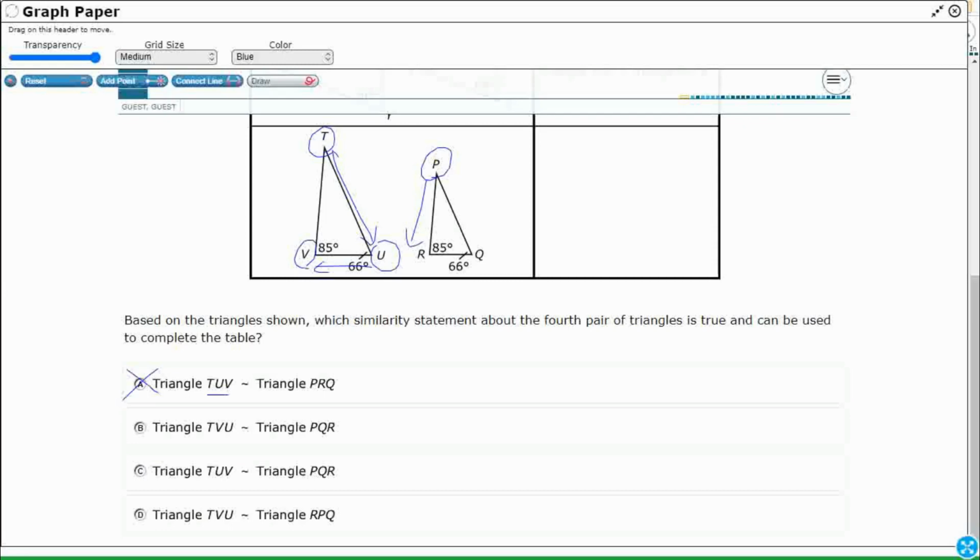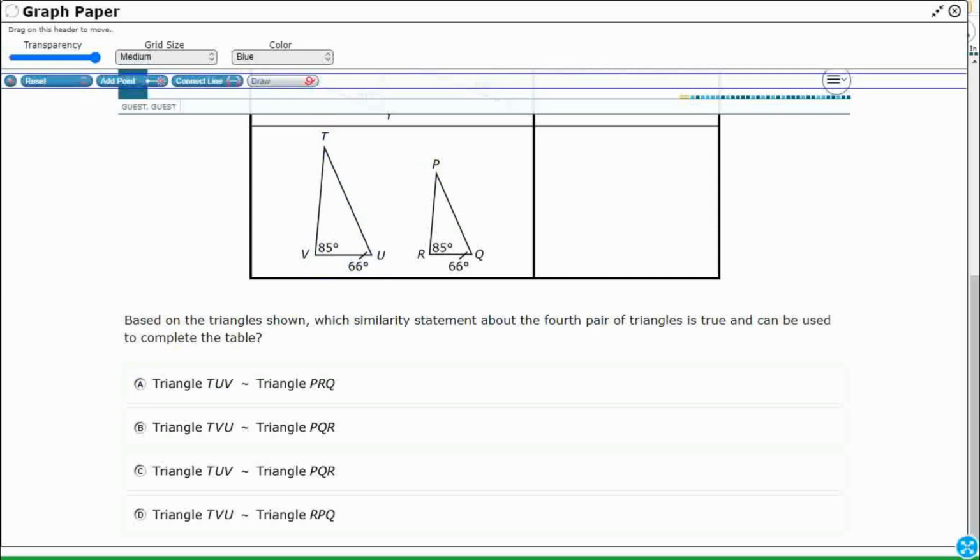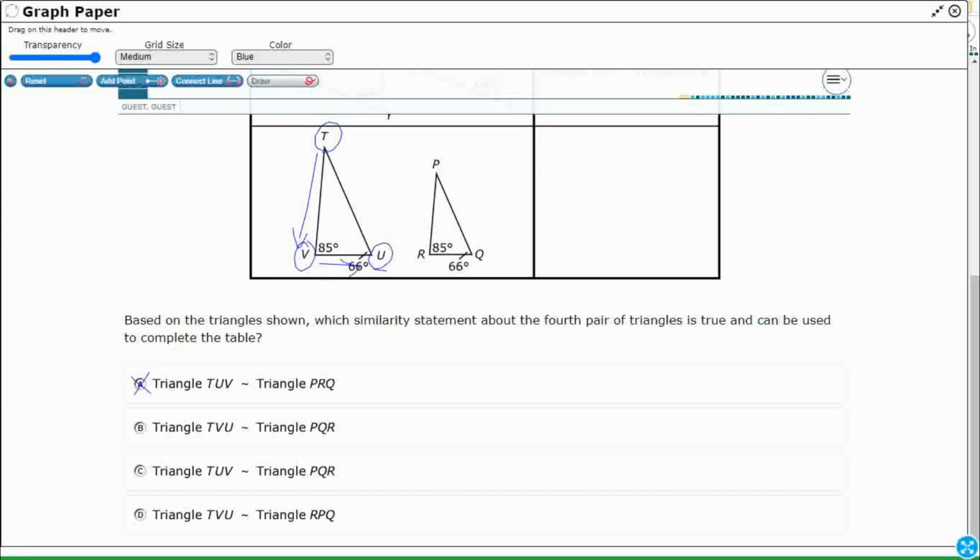So now we know what we're looking for. A is gone. Let's try TVU. So top, straight down, over to the right, and then PQR. P, and then went down to the right. So that's incorrect. So they're naming it in the wrong sequence, which makes it incorrect. A and B are out.